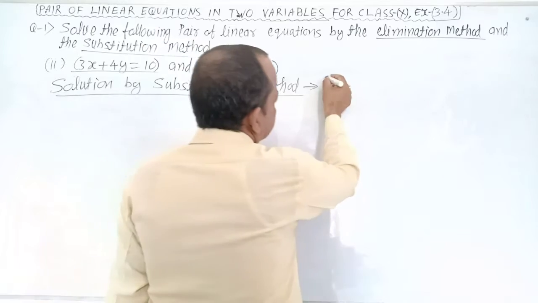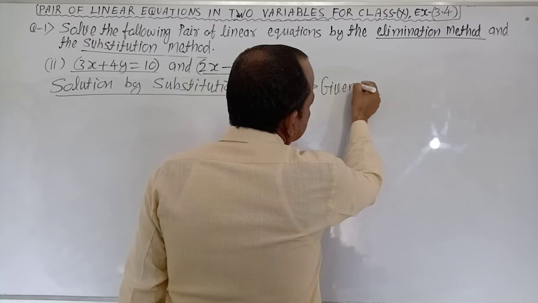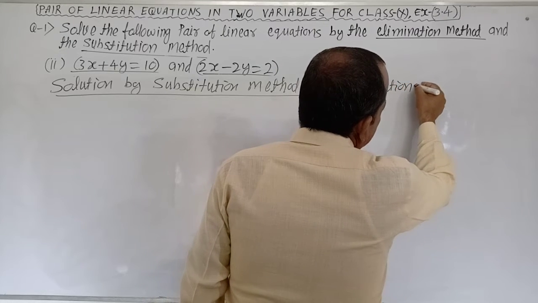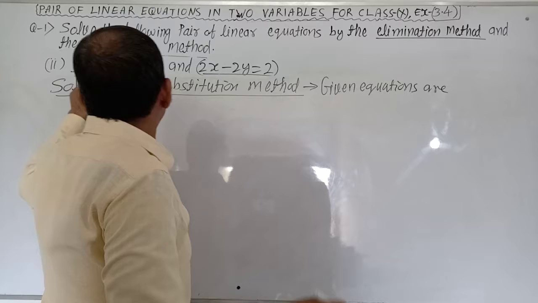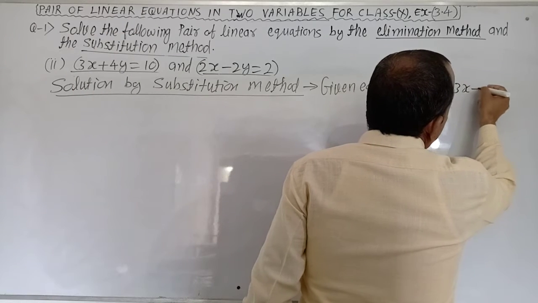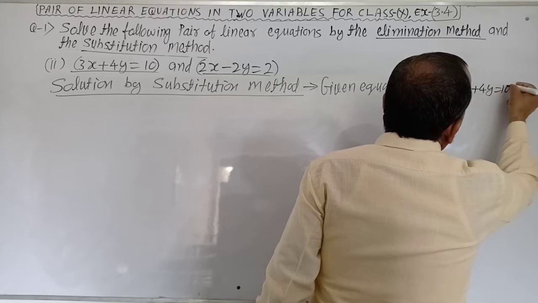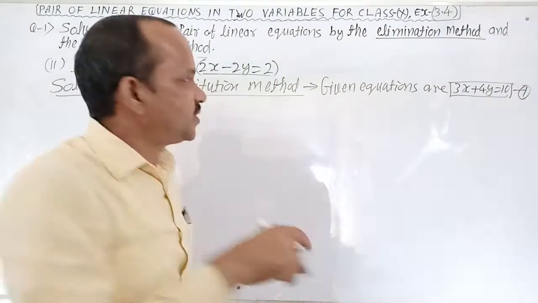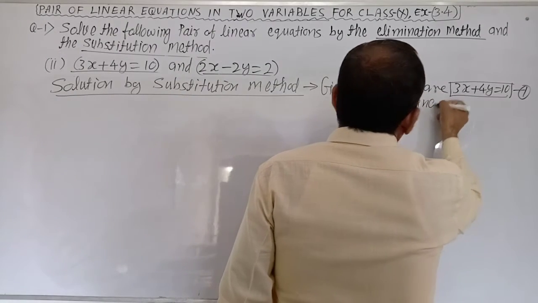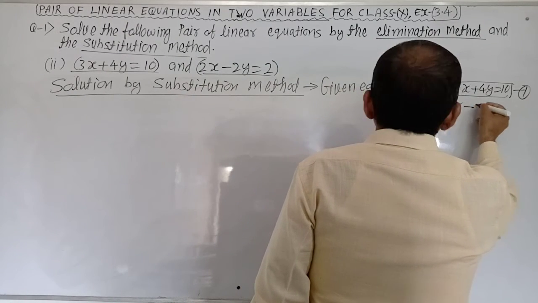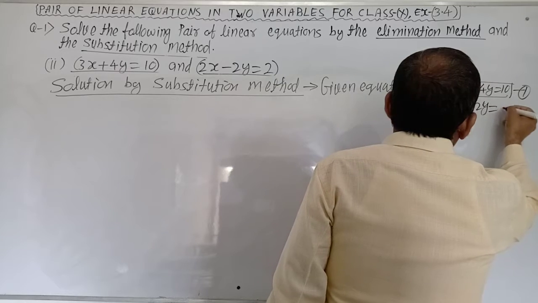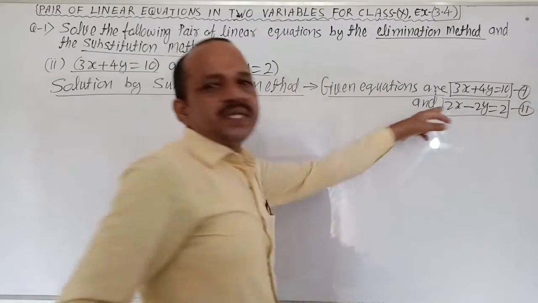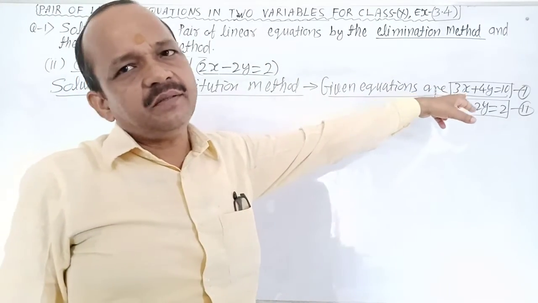Given equations are 3x plus 4y equal to 10. It is equation first. And 2x minus 2y equal to 2. It is equation second. Given equations are clear? No confusion about it? Very good.